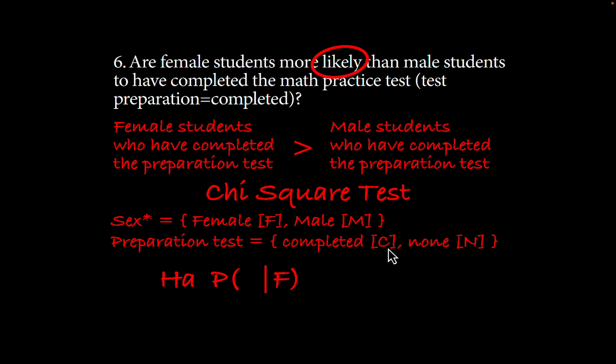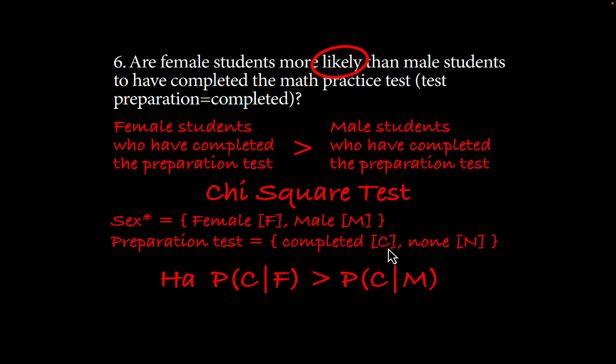So that's C. And we're saying that this probability is going to be higher than, again using the independent category first, the probability, given that I am a male, that I have also completed the preparation test.